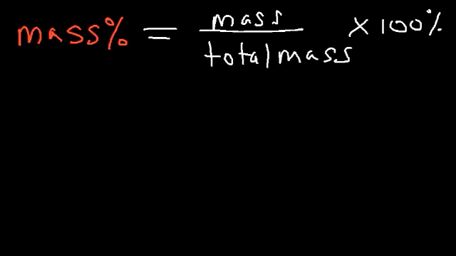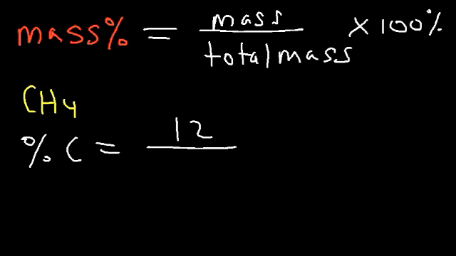So let's consider methane. Let's say we want to find the percent of carbon in methane. The mass percent of carbon is going to be the molar mass, or the atomic mass of carbon, which is 12, divided by the total. The total is 12 plus the atomic weight of the 4 hydrogen atoms, which is 4 times 1, and then times 100%.